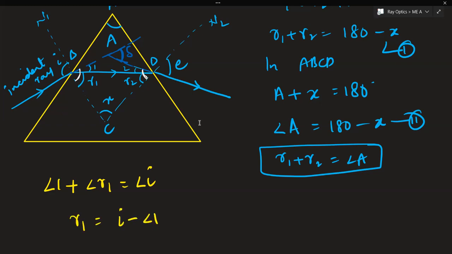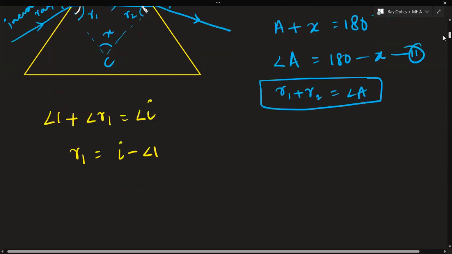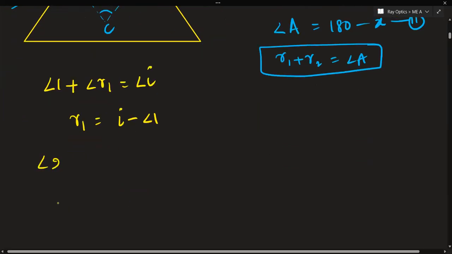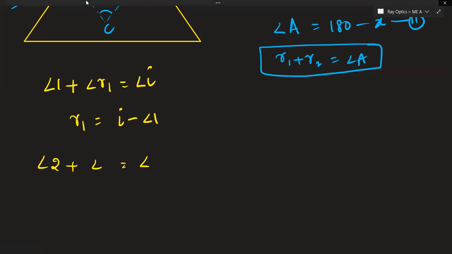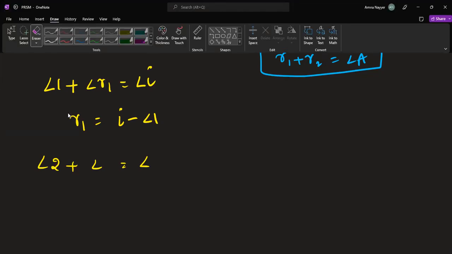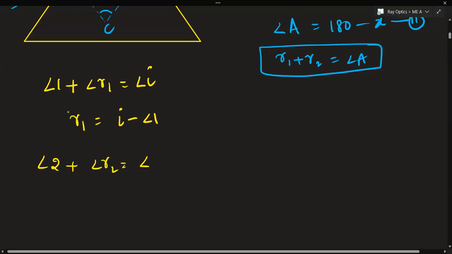Now the same thing applies on the opposite side for E. So angle 2 plus R2 is equal to the angle of emergence. So R2 will be equal to E minus angle 2.